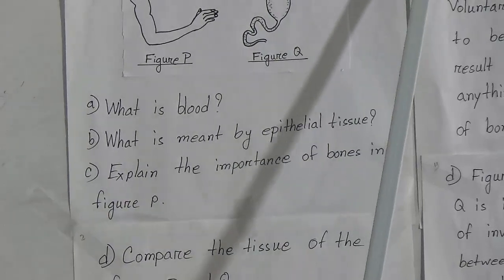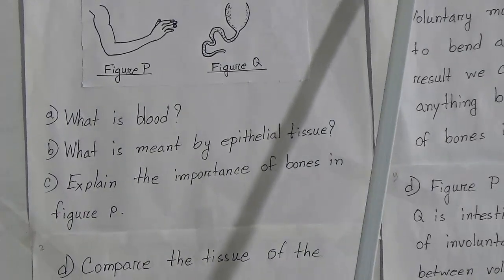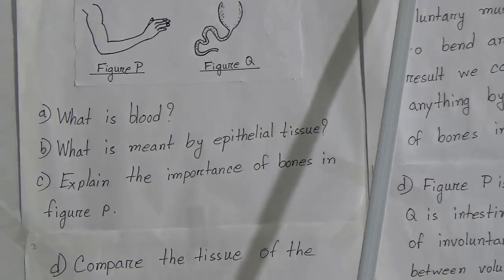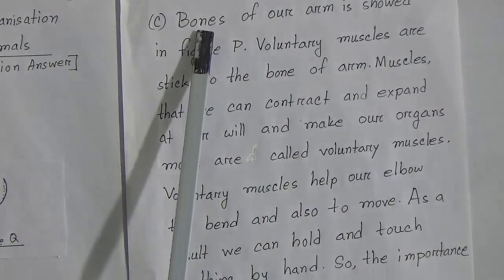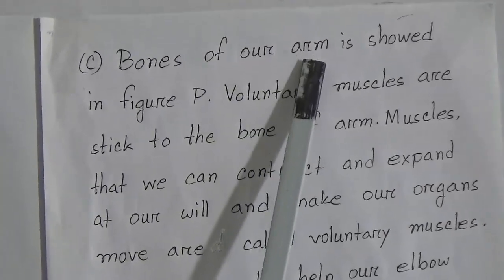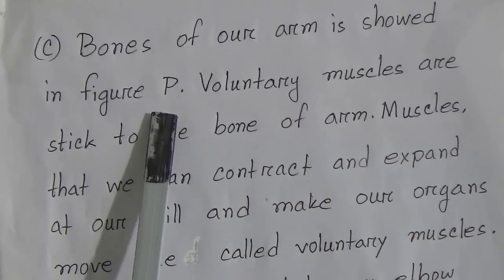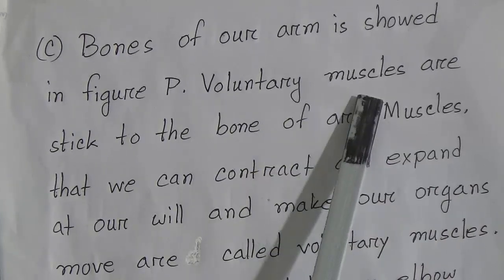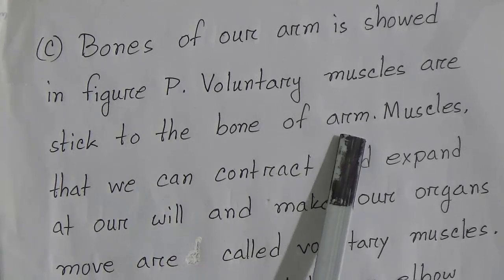Now the C answer. The C question was, explain the importance of bones in figure P. That means this figure, the first figure. The answer will be, bones of our arm are shown in figure P. Voluntary muscles are attached to the bones of the arm.